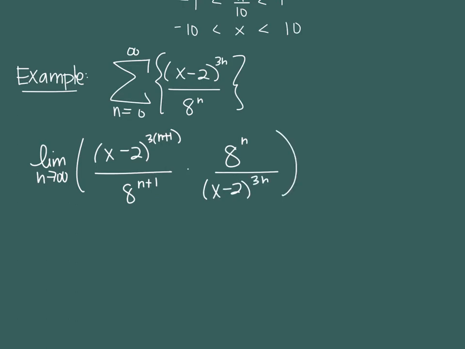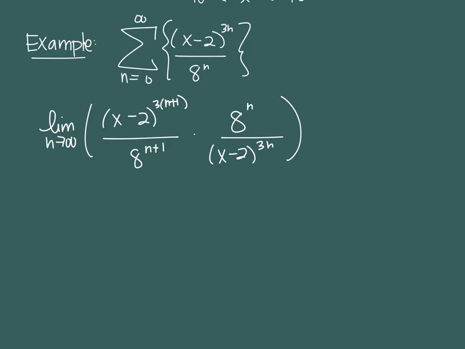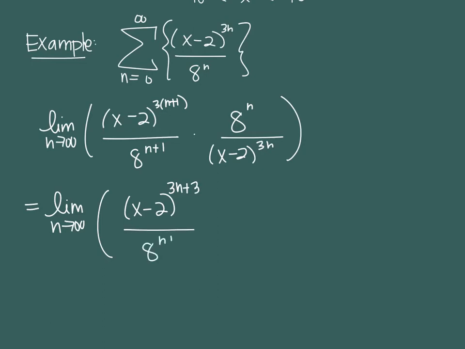Okay, I need to simplify that. That leaves the top as being like x minus 2 to the 3rd. So when we simplify, maybe we'll write that out a little bit here so we don't make that jump for some people. x minus 2 to the 3n plus 3 is the power on that, over 8 to the n plus 1, and then 8 to the n is the numerator, and x minus 2 to the 3n.